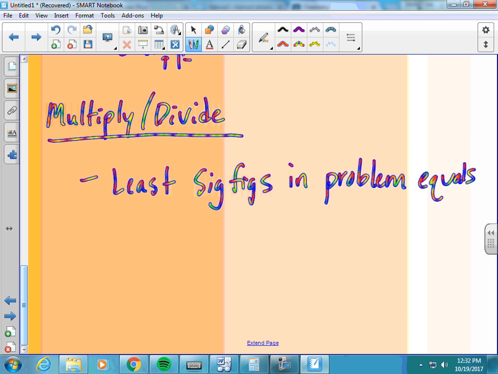So whatever has the least number of sig figs in the problem equals the number of sig figs in the answer. All right. So it goes like this.